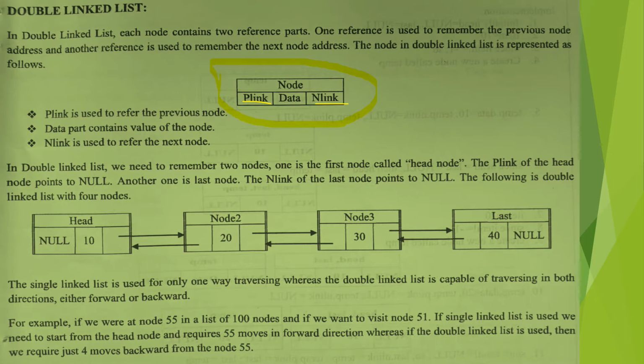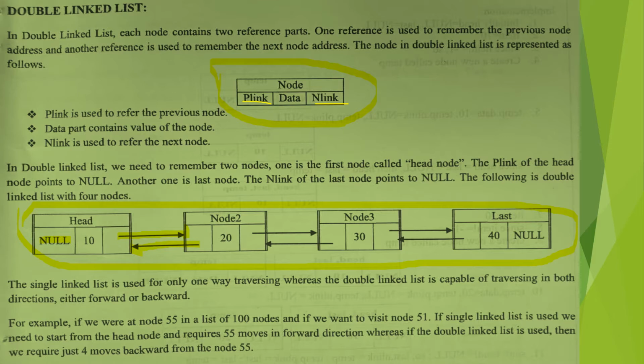Let us see the example. Here the double linked list contains four nodes. This is the first node. Since there is no previous element, the p-link of the first element or head is null. This n-link of head refers to the next node address, and node 2 contains the address of the previous, meaning the first element.